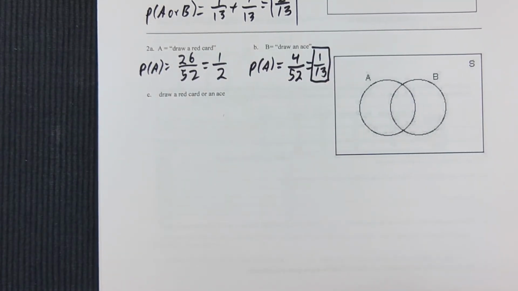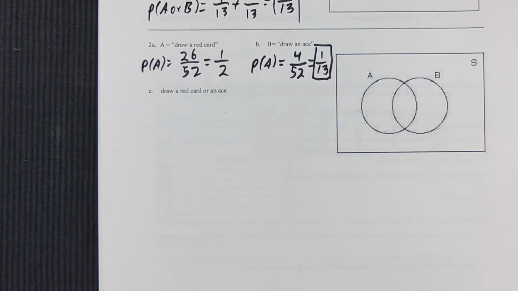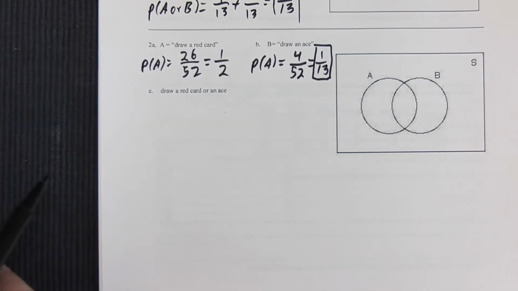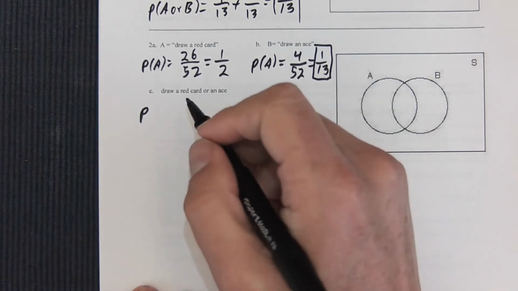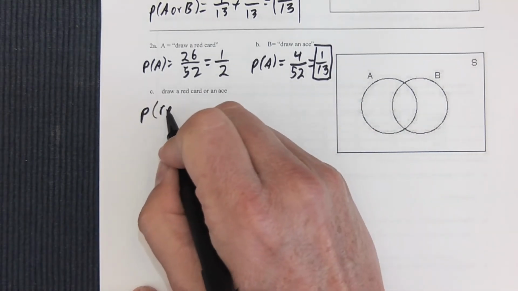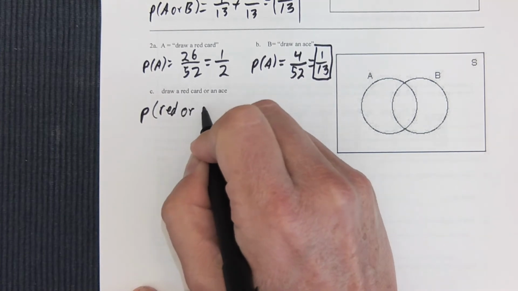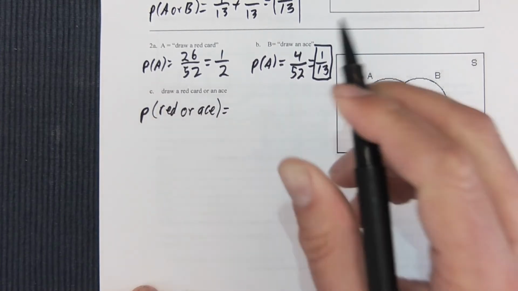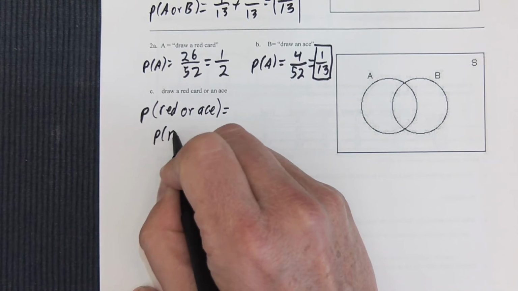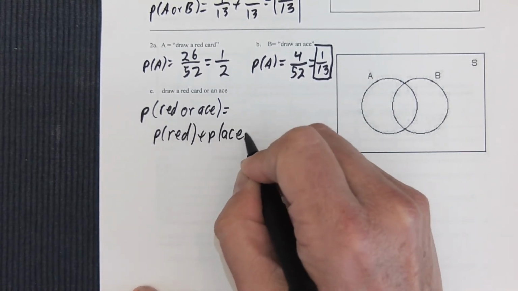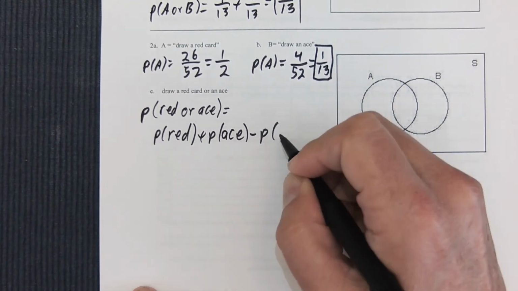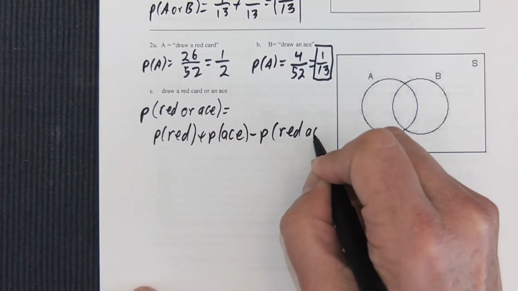Now, what's the probability of drawing a red card or an ace? Well, we have to keep in mind that there are red aces. So the probability of drawing a red card or an ace is going to be the probability of drawing a red card plus the probability of drawing an ace minus the probability of red aces.